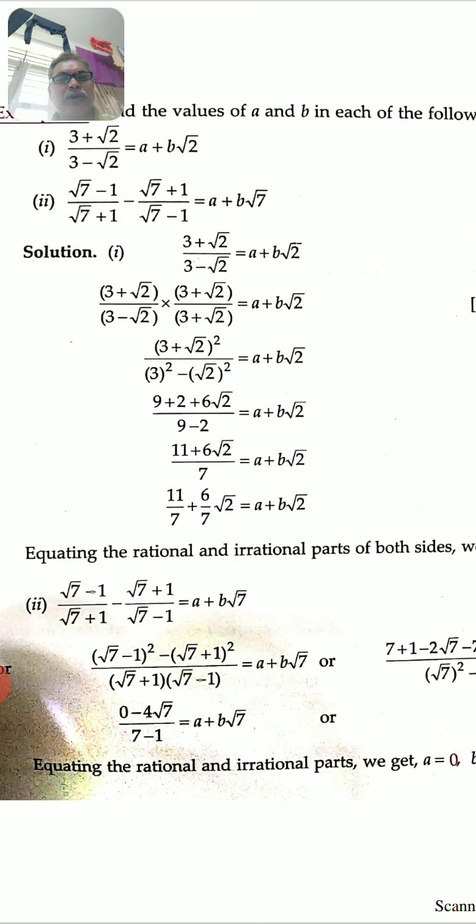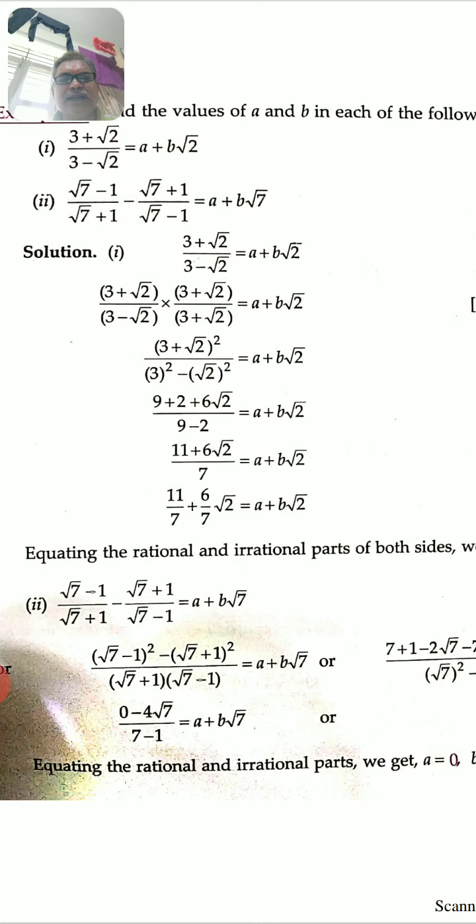This is equal to a plus b root 2 as it is in the RHS. Expand (a plus b) whole square: 3 square means 9, root 2 square means 2, and plus 2ab means 2 into 3 into root 2, that is 6 root 2, divided by 3 square means 9, root 2 square means 2.